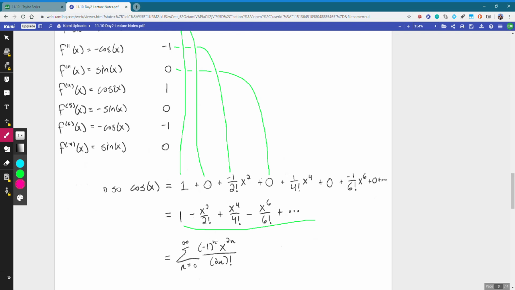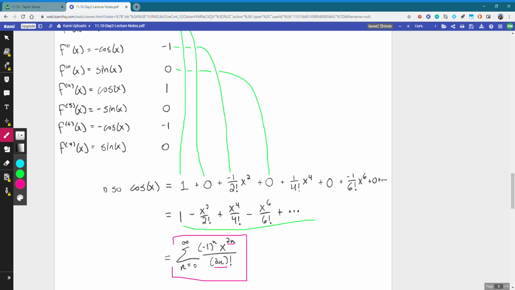We have our alternation here, where the nth power gives us a positive when we plug in n equals 0. To get our even powers, we can do x to the 2n, and then we want that factorial in the denominator. And so this is a nice standard form way to remember our cosine Taylor series.